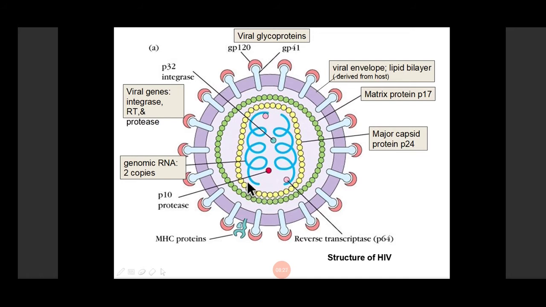This entire viral genome enclosed by the major capsid or P24 is the viral core. Surrounding this viral core, this green structure is the matrix.